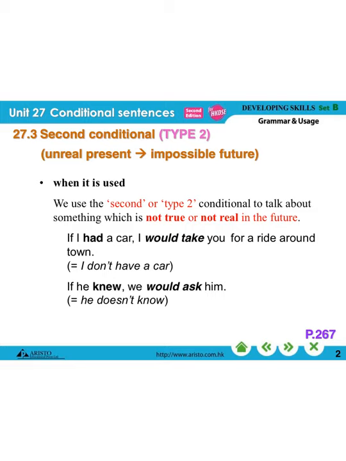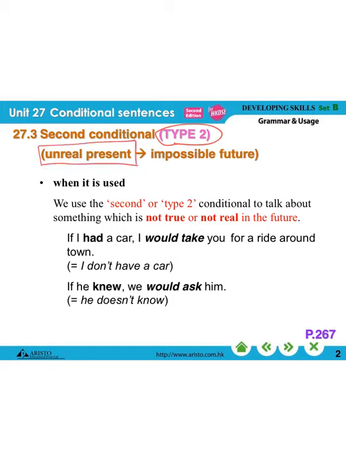So conditional type 2 is very different from conditional types 0 and 1. I hope that you still remember, okay? When we use conditional type 1, it's for real present: if the present situation is real, then the future will be possible. For conditional type 2, it's actually the opposite of the present situation, and that's why we call it unreal present.